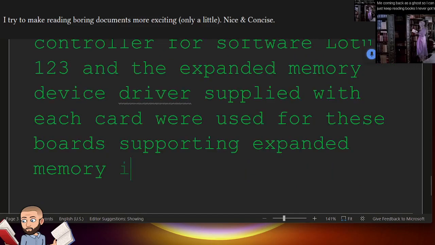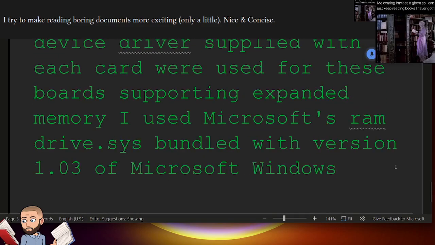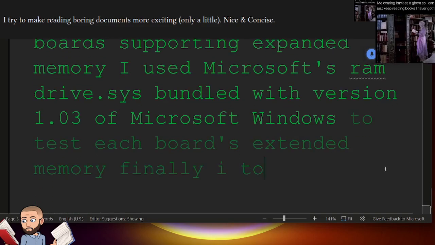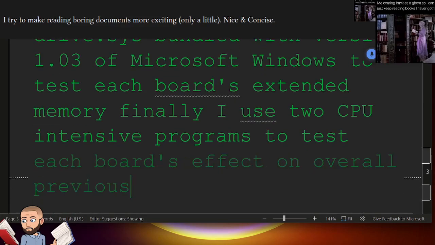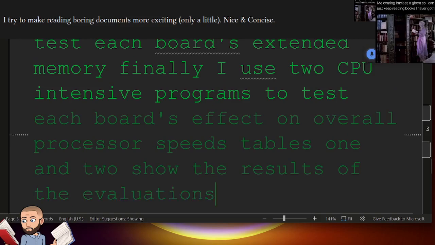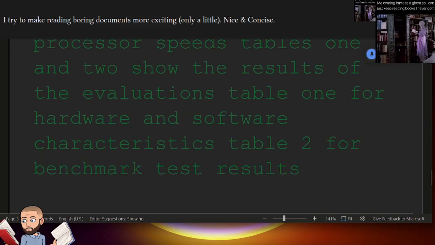I used Microsoft's RAMDRIVE.SYS, bundled with version 1.03 of Microsoft Windows, to test each board's extended memory. Finally, I used 2 CPU-intensive programs to test each board's effect on overall processor speeds. Tables 1 and 2 show the results of the evaluations, Table 1 for hardware and software characteristics, Table 2 for benchmark test results and price information.